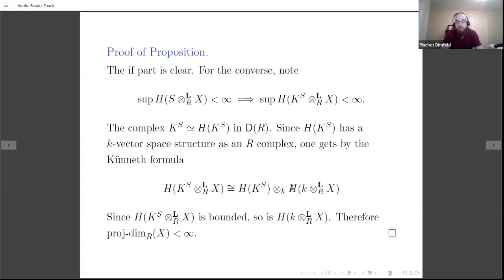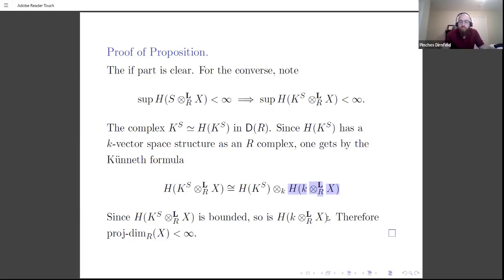In particular, this part is bounded, right? But this is really measuring the projective dimension of X itself. So if I know that this homology is bounded, the projective dimension of X is finite.